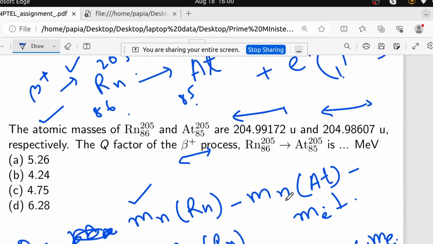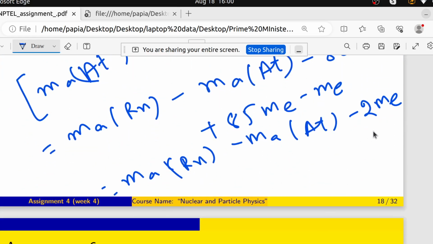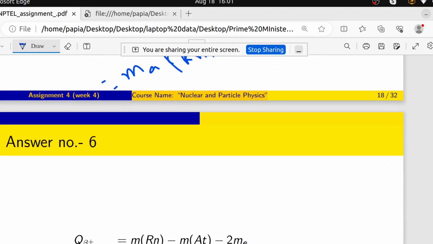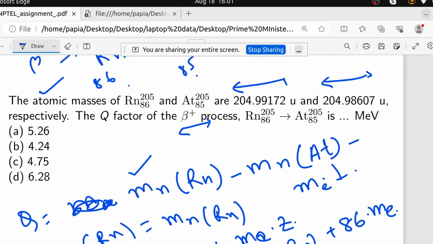But if they are giving the atomic mass, then you have to consider this part: Ma of Rn minus Ma of At minus 2 into Me. Now you just write here 204, whatever the values are. Then Me is 0.55 MeV, so we have to convert that MeV to U. If you want, you can calculate in MeV also. Then the correct answer is B, 4.24.